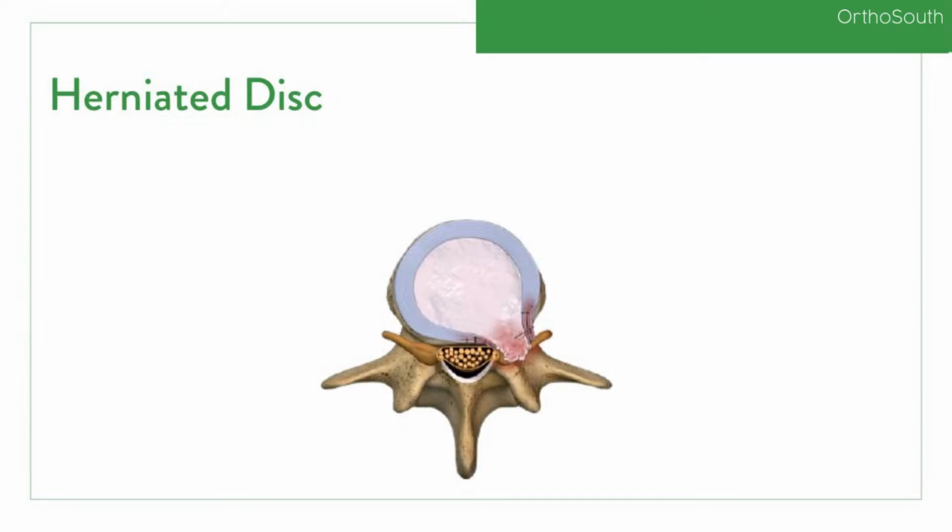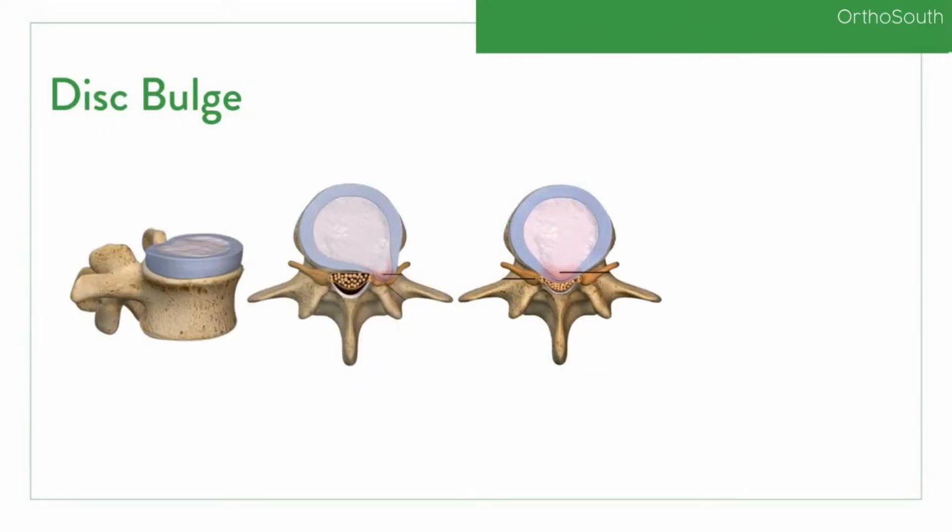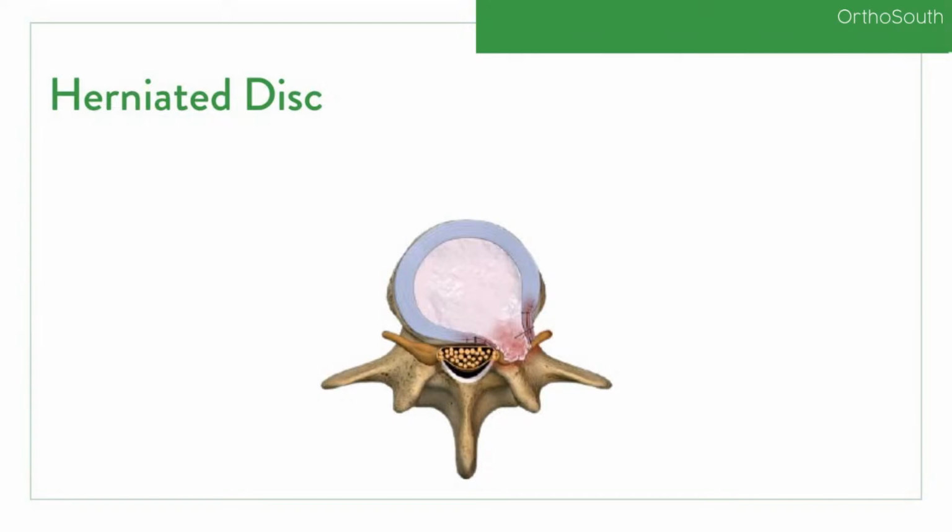And that can be very irritating to nerves, both from a mechanical perspective, and it can be chemically irritating to the nerves as well. But when you hear of just a disc bulge, often it's referring to that annular bulge. The outer hard part of the disc is bulged out, but the inner part has not squirted out. And then when you hear of a disc herniation, it's often that inner chunk that has squirted out, kind of like you're seeing here in this picture.